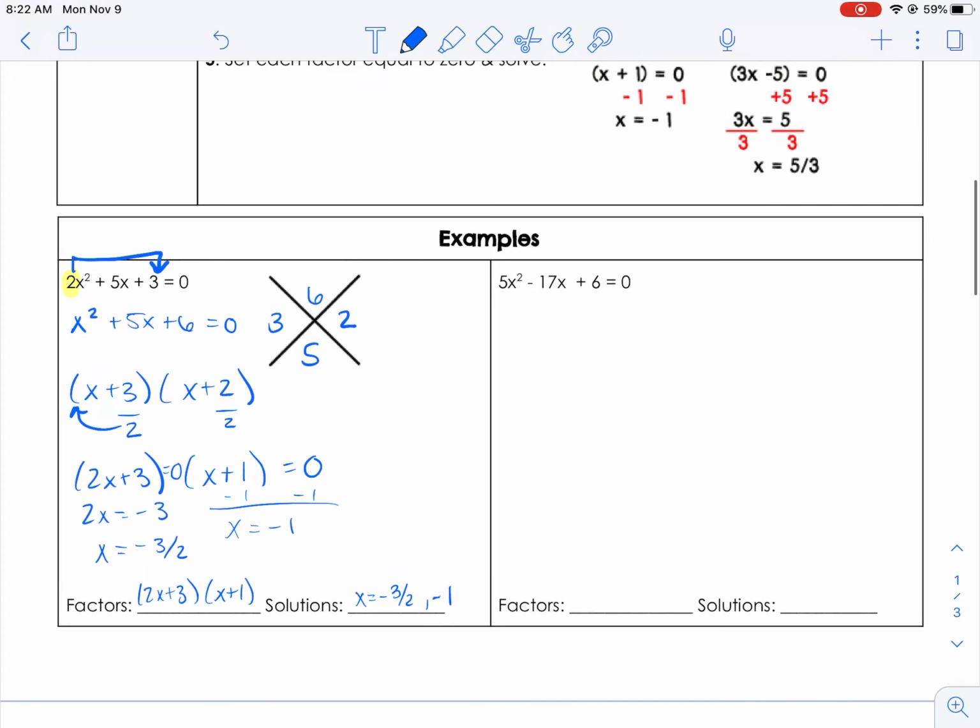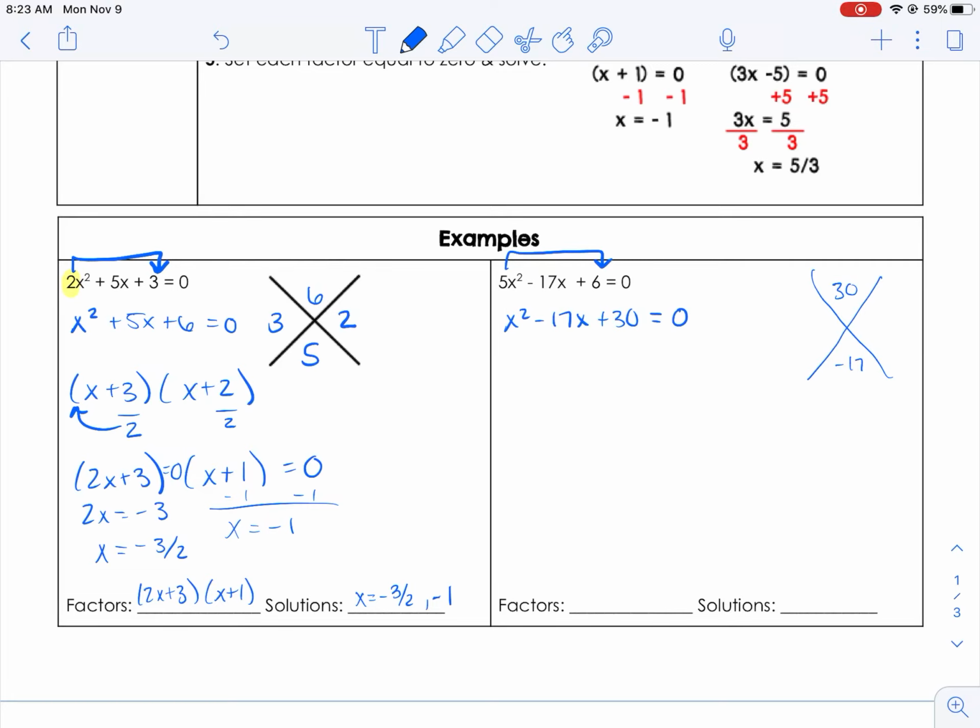Alright, another example, we're going to slide our a term and multiply, so x squared minus 17x plus 30, because 5 times 6 is 30, equals 0. And we want to find our factors of 30 that add to be -17.